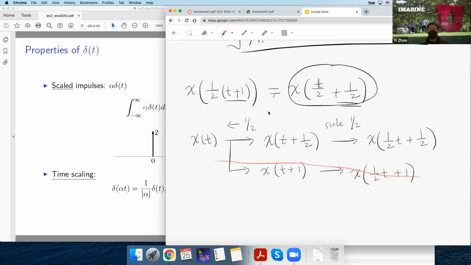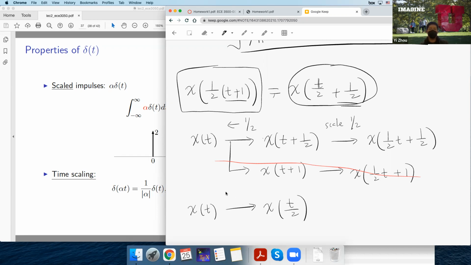Now, what about the other way? We can do scaling first. If we do scaling first, we can look at this one. Well, we can see that t is scaled by 1 half. So we can first do a scaling.